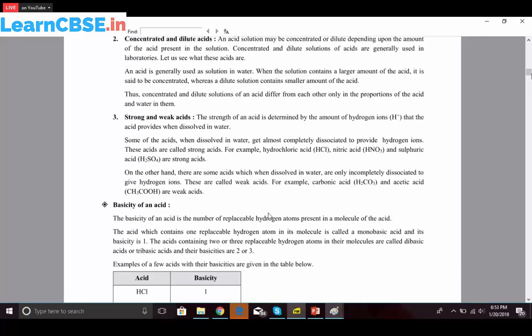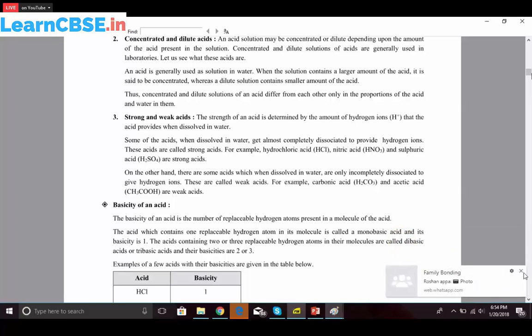For example, HCl, HNO3, H2SO4, these we call very strong acids. Suppose we take 100 molecules of HCl. When dissolved in water, we will get 100 H+ ions as well as 100 Cl- ions.